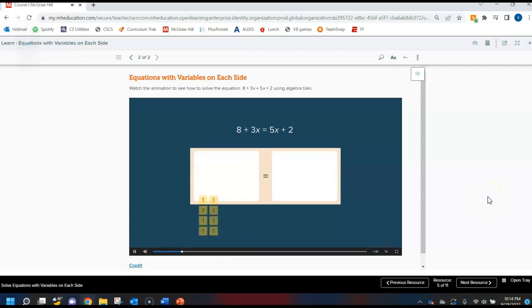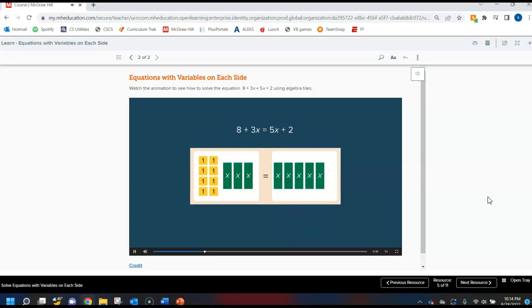Use 8 1-tiles and 3 x-tiles to model 8 plus 3x on the left side of the mat. Use 5 x-tiles and 2 1-tiles to model 5x plus 2 on the right side of the mat. There needs to be x-tiles on only one side of the equation, so remove 3 x-tiles from each side of the mat.